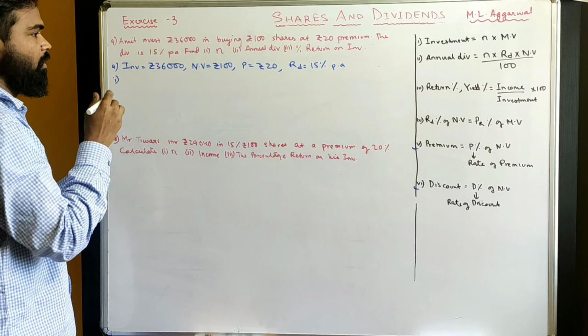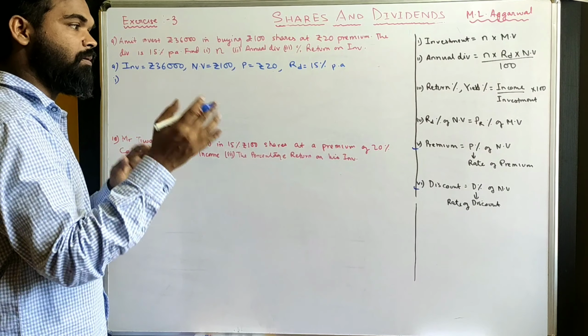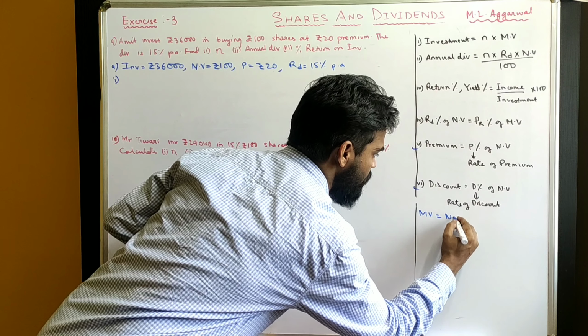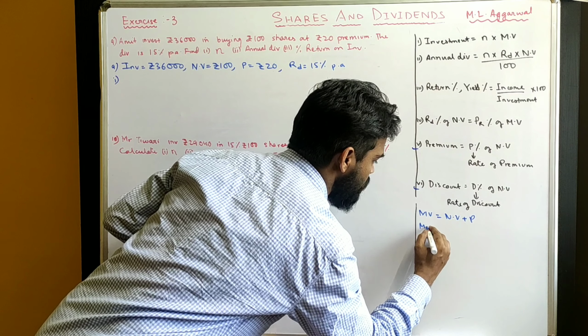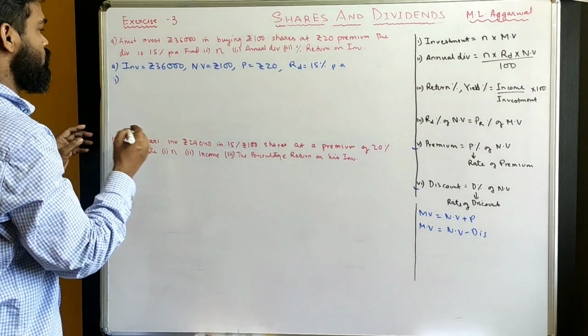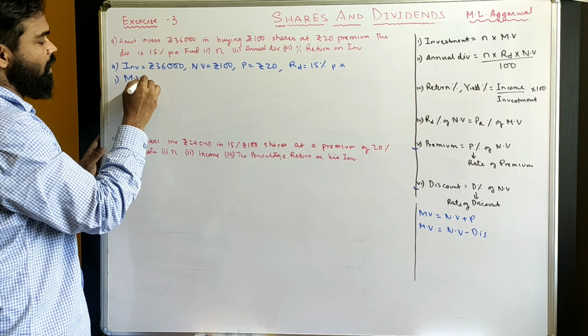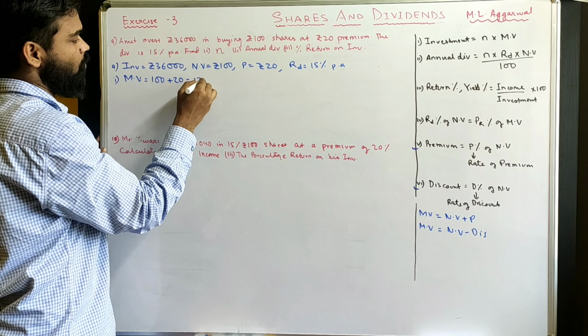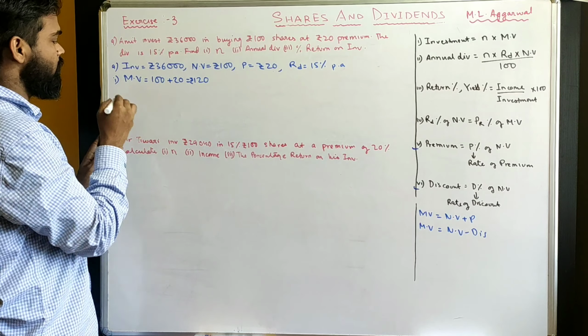Now look, whenever premium and nominal value are given, first find the market value. Right over here, market value is nominal value plus premium. Market value is nominal value minus discount. So your market value is nominal value plus premium, that's rupees 120. Am I clear?